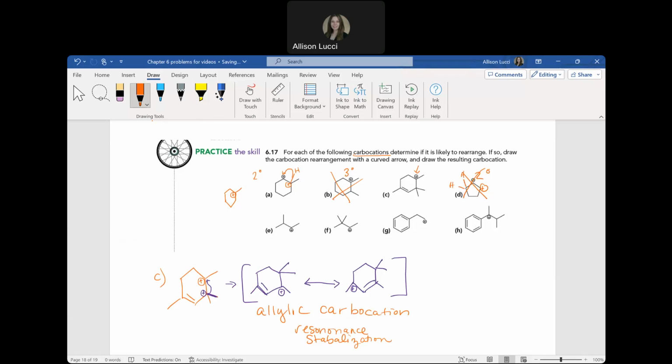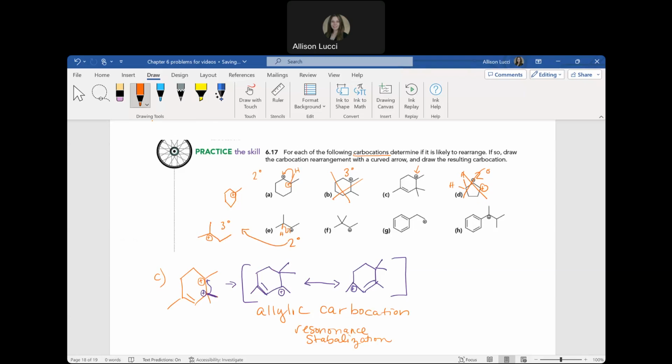Let's look at example E here. We have a carbocation, which is secondary. Over here, we have a hydrogen that can do a hydride shift, and we would result with this compound here, which will be a tertiary carbocation. So we have secondary to tertiary there.